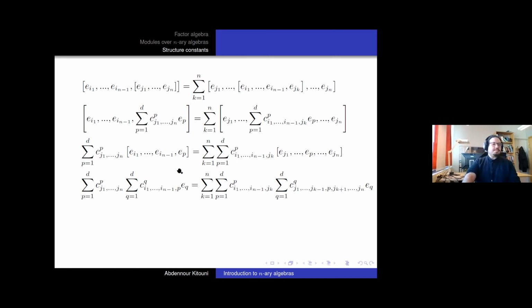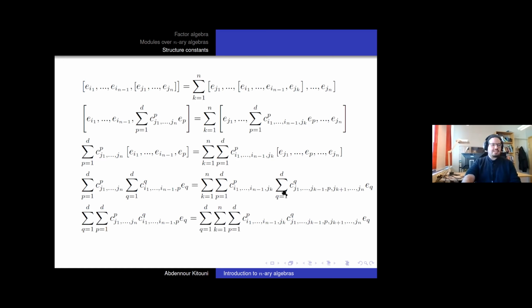And then the next step is that, since these e are basis elements, if those two are equal, then necessarily these scalars are equal.